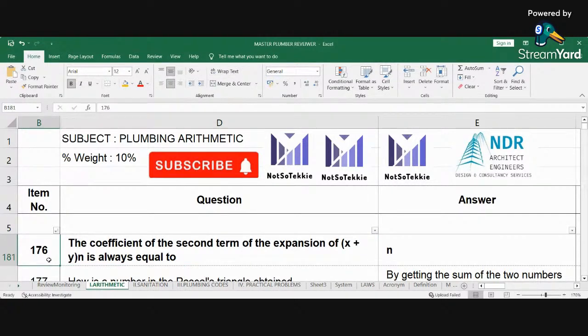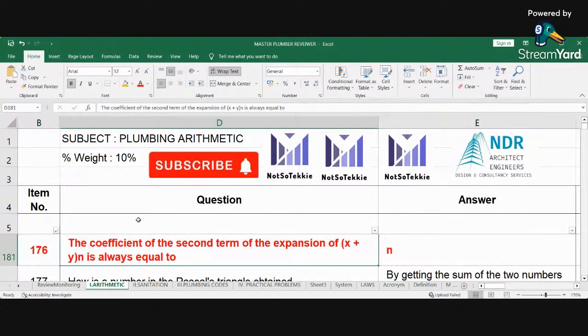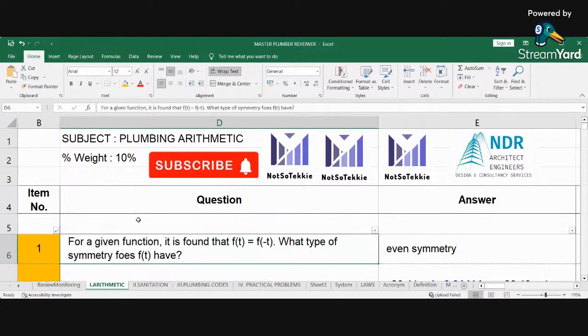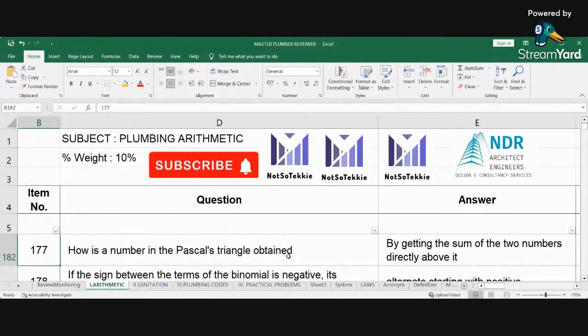Wait, muna ko. Balikan na lang natin yan. Coefficient of the second term of the expansion x plus y to the n is always equal to n. 177. Buti na lang may control F.